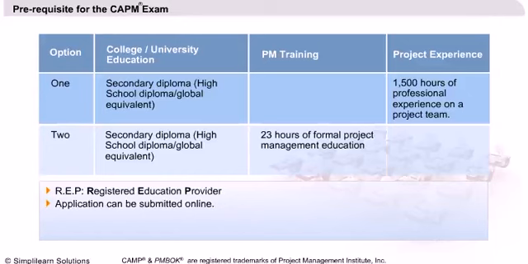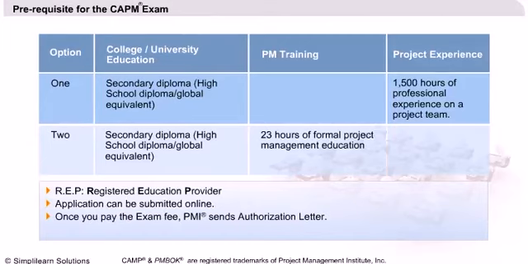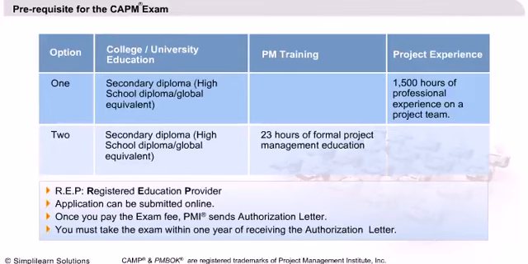PMI randomly audits such submission from time to time, so if you do not meet the prerequisite and still go ahead and submit the online exam application, there are chances of you getting caught. PMI disqualifies such application. Also, once your online application for taking up the exam gets approved, PMI sends an authorization letter. You must write the exam within a year of getting the authorization letter.